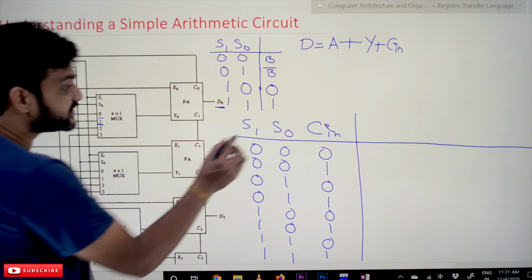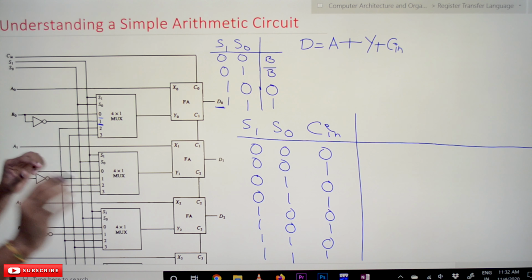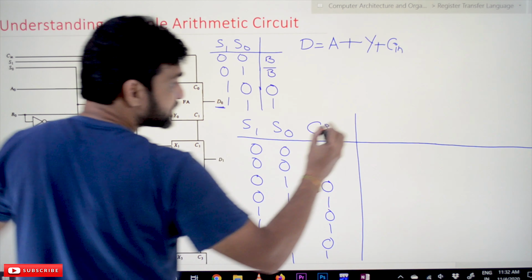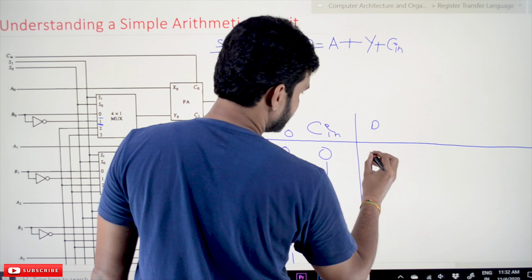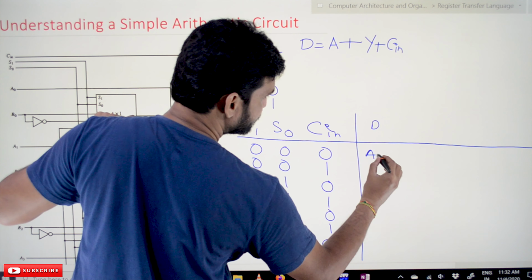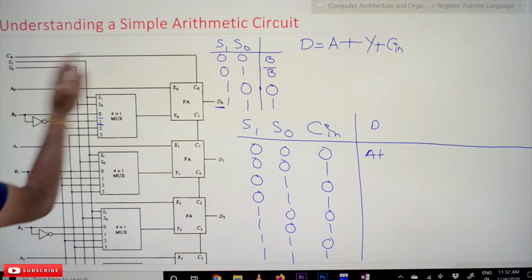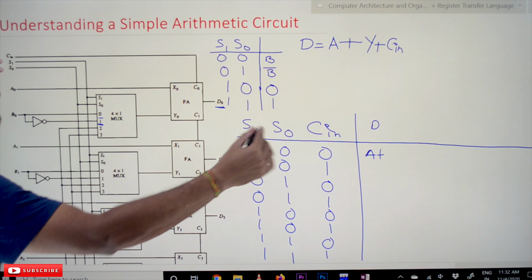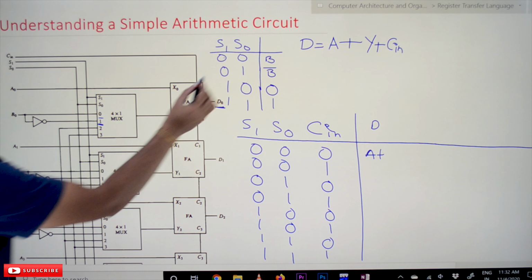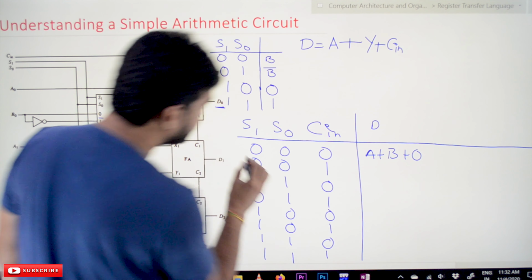So whenever the value of S0, S1 and Cin is 0, 0, 0, what happens? Whenever S0 and S1 are 0, 0, the 0th input will get selected. So the value of D is equal to A plus, 0, 0 means the B input will get selected, plus Cin equal to 0.